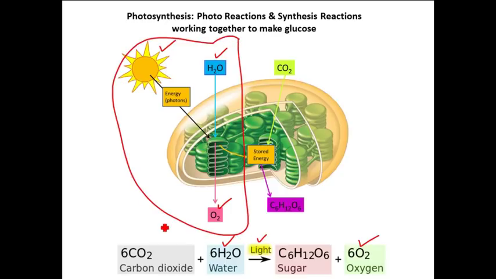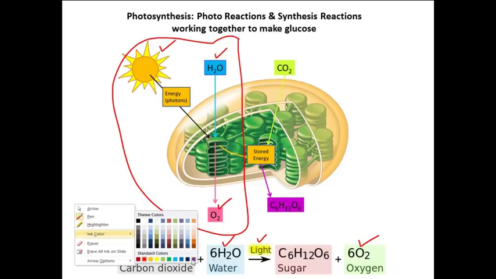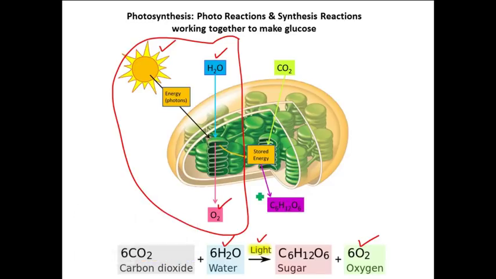Okay. And then the green. And then the carbon dioxide goes into the synthesis reactions and sugars come out, or glucose comes out, right? And so this is the sugar, the synthesis reactions. Okay. And they are linked together by this stored energy.